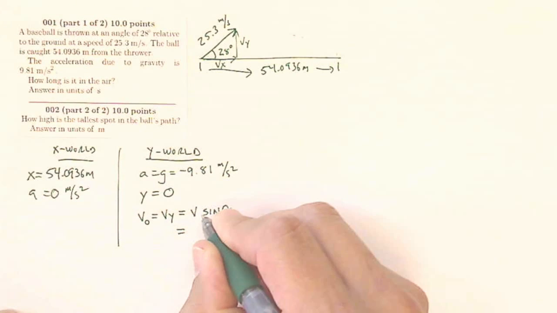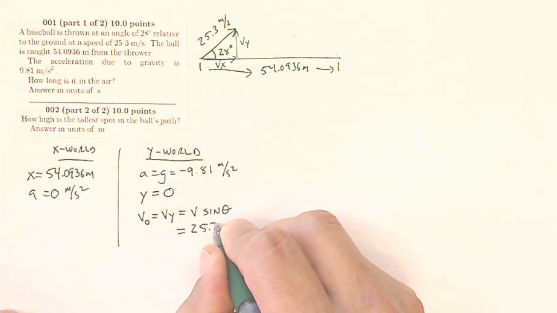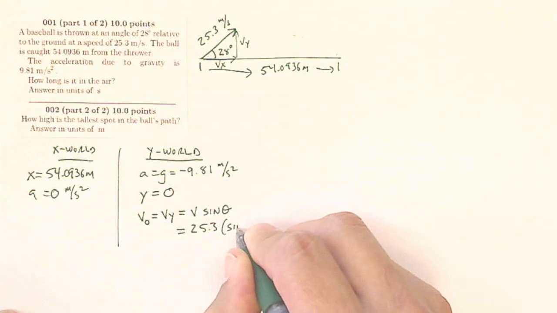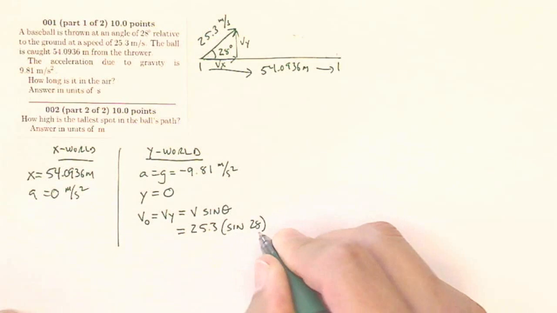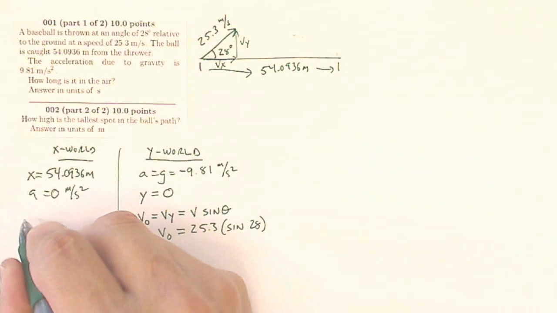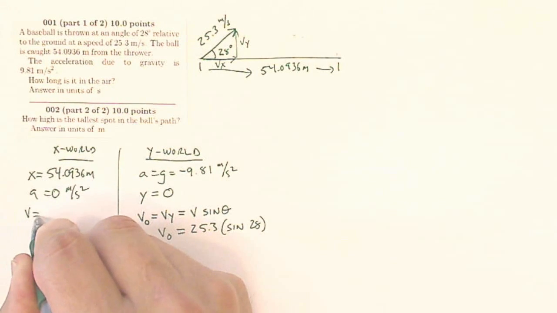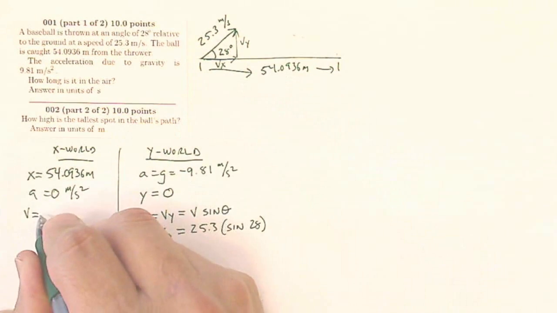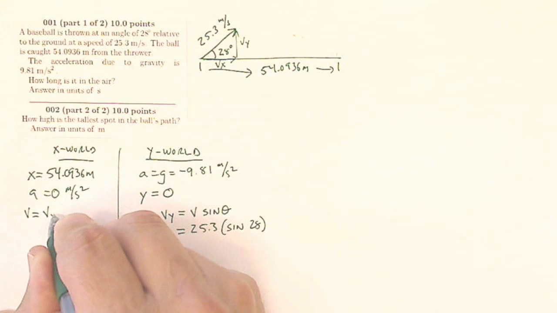So that's going to be 25.3 times the sine of 28 is going to be my initial velocity in the y world. My velocity in the x world is going to be my Vx here, and that's going to be the initial, the final, and all the velocities.